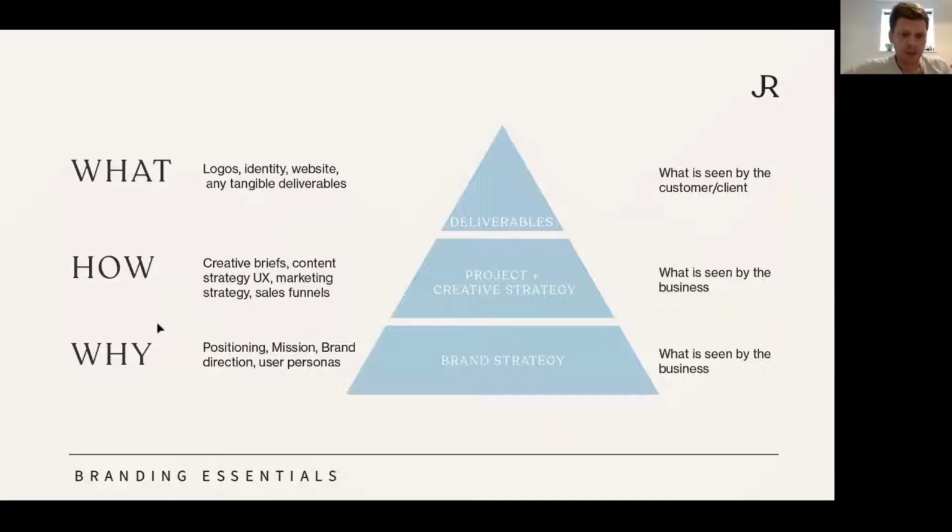So essentially, brand strategy is what I want to hone in on, like I've said, and that is going to inform the how. So, starting to think about what people see, so your marketing strategy, sales funnels, etc., and then finally the logo, identity, website, etc. But this brand strategy you can't see, but when you think about Nike, it has a feeling, right? If you think about Nike creating a hotel, you can probably see it in your head.